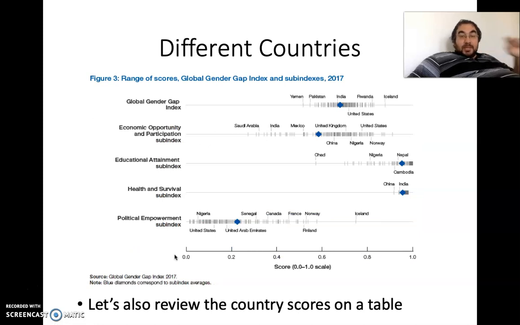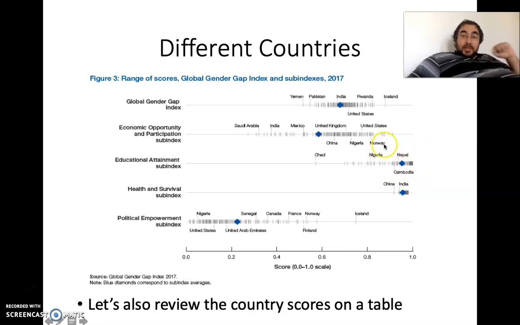And you can see, I mean, these are from the last report, by the way, the 2017 report. There are no parallel versions in this report, so I have also kept those graphs. As you see, in health and survival, there is very little deviation. In education attainment, some countries are doing badly, but most countries are concentrated here.